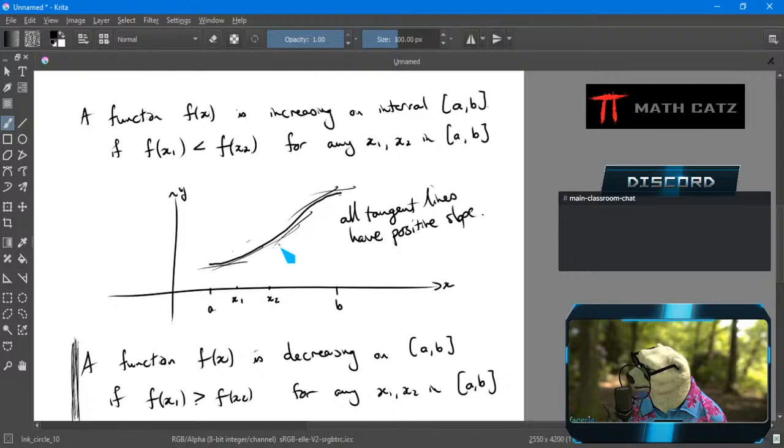Might be small, might be big, but they all have positive slope. So what does that mean? Well, what is the slope of a tangent line officially called? Does anyone remember what our fancy word is for the slope of a tangent line?